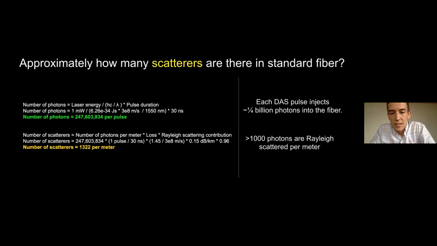For example, the loss in a cable is about 0.15 dB per kilometer. We can actually estimate how many Rayleigh scatterers are embedded in the glass of the cable. And it turns out to be many, right? Thousands per meter. So that inherent scattering principle is what's used in DAS.